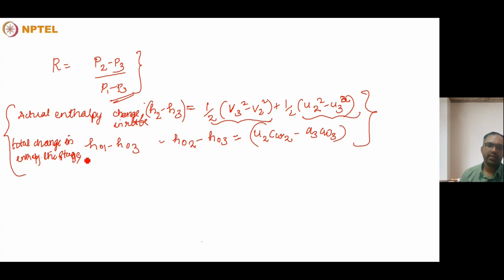and the total change in the enthalpy for the stage is equal to H01 minus H03. That is same as H02 minus H03 because there is no enthalpy change within the nozzle. Only in the rotor there will be enthalpy change. So it can be written as U2 CW2 minus U3 CW3.